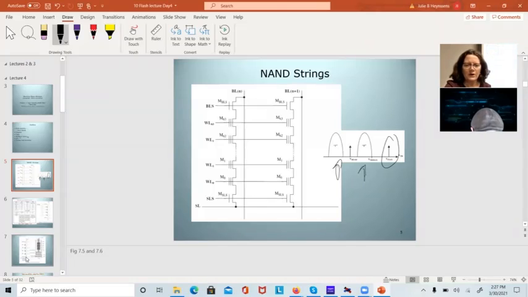And then the one row that I'm selecting to read, I'm going to put at V read, so that if I have a 1 programmed in there, it's above the threshold voltage, the transistor will turn on and current will flow. If there's a 0 programmed into that particular cell, then no charge moves, there's no current, and that is defined as a 0.